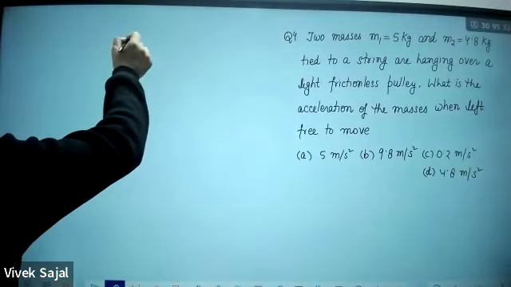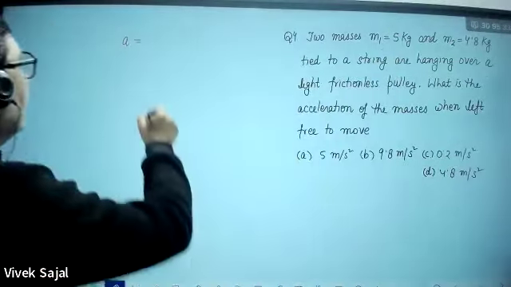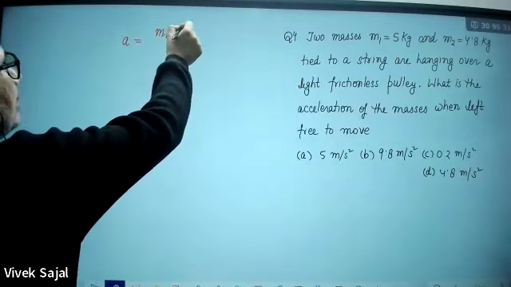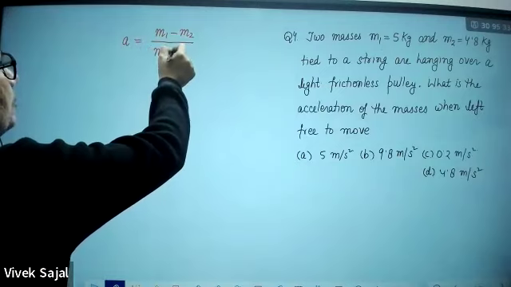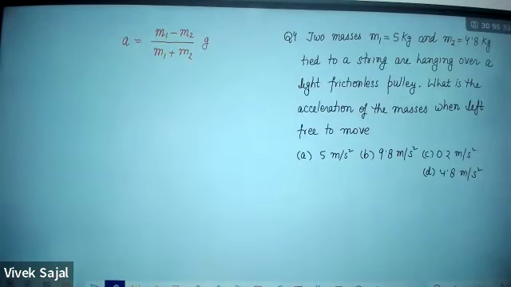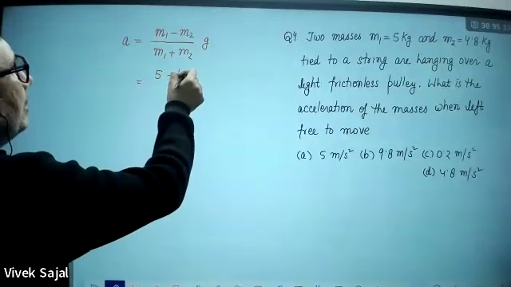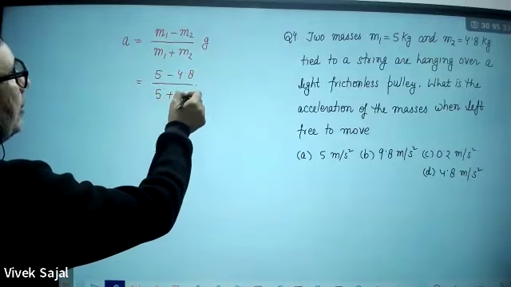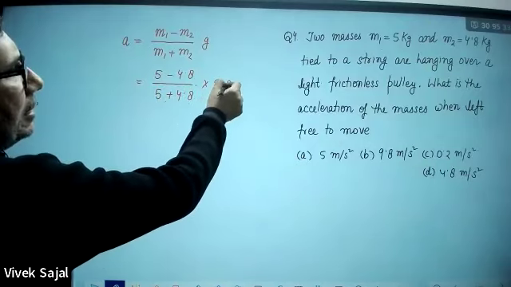If you remember, because here mass M1 is greater, it is going to move downward. I have already derived this in the first part. So this will be M1 minus M2 divided by M1 plus M2 into G. So this will be 5 minus 4.8 divided by 5 plus 4.8, into G, and the value of G I am writing here as 9.8.